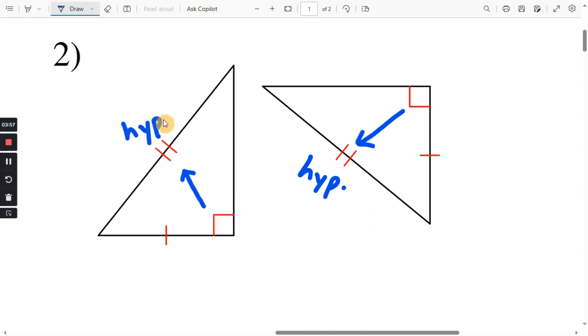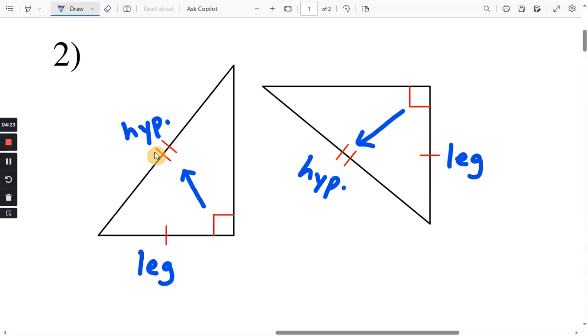Now, in a right triangle, the sides that are not the hypotenuse are called legs. So this side right here is a leg, and this side right here is also a leg. So is this one and so is this one, but they're not marked, so I'm going to leave those alone.